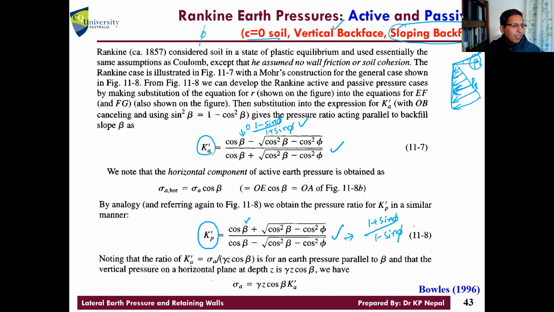We just used that before, right? This is when beta equals 0. You don't need to derive the formula, but use the correct formula. If there is a sloping backfill, you use this equation to calculate the lateral earth pressure coefficients. Did I make it clear? It is easy, right? Okay, so let's move on.